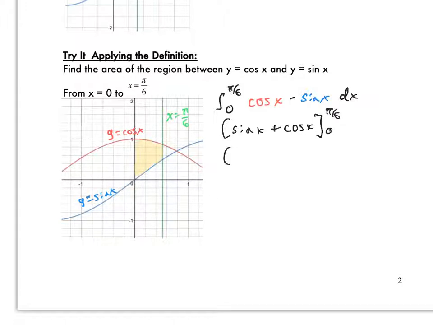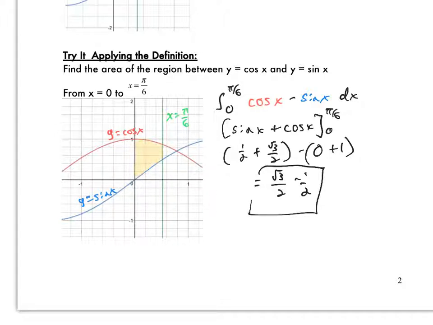So sine of pi over 6 is 1/2. Cosine of pi over 6 is going to be root 3 over 2. And then for the bottom part here, we've got sine of 0 being 0 and cosine of 0 being 1. So once you kind of combine everything and get everything down, you're going to have root 3 over 2 minus 1/2. I'm going to go ahead and leave that exact. And that's our answer for this particular problem.